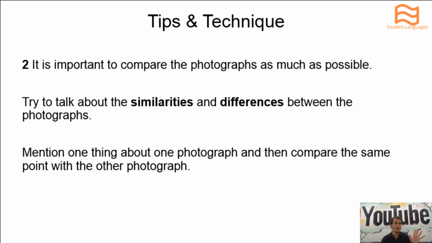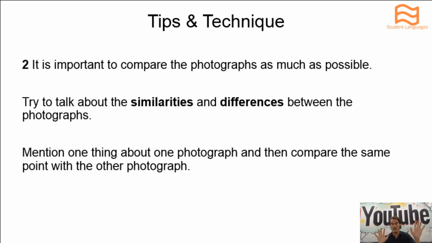So think of one idea about the first photograph, or the photograph on the top, and then think, how can this same idea apply to the next photograph below. When you mention one thing about one photograph, immediately after mention the same thing about the other photograph.